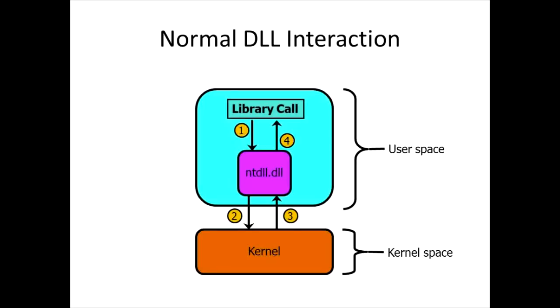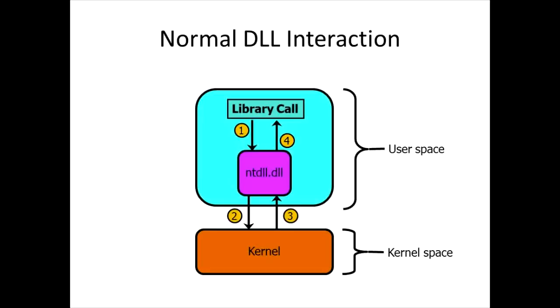All right, so before we talk about DLL injection, let's talk about what happens normally. You've got a process, which is the blue box here, and it's happily running along, doing whatever that process does. Maybe it's a web browser or something like that. And it needs to interact with the operating system kernel, which is the orange box at the bottom of the slide. Generally, there's a whole Windows API that processes use to interact with the operating system.